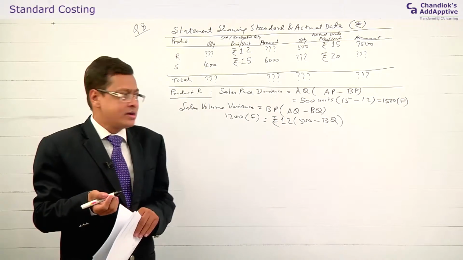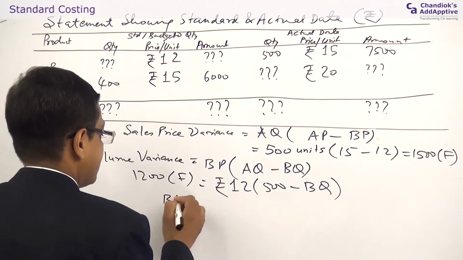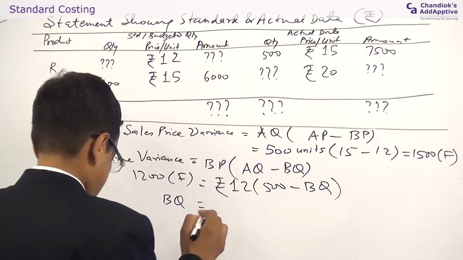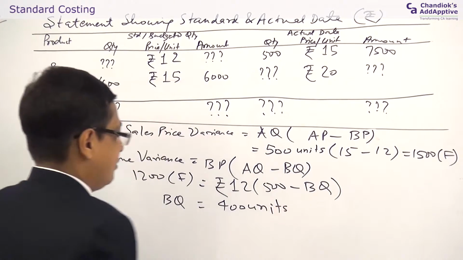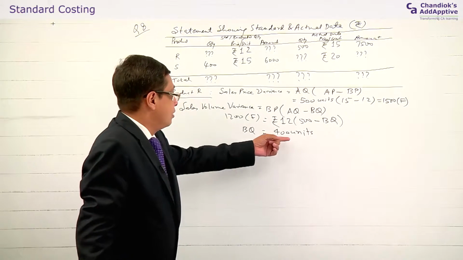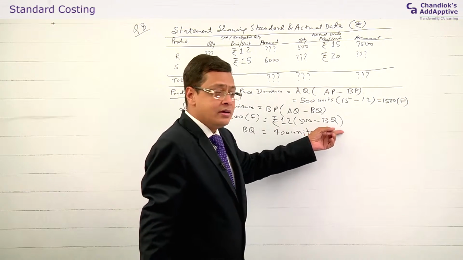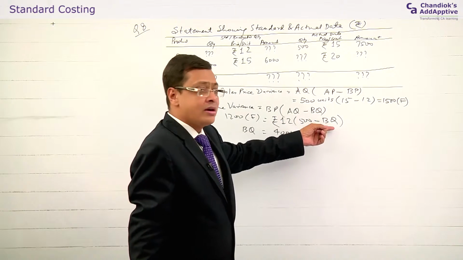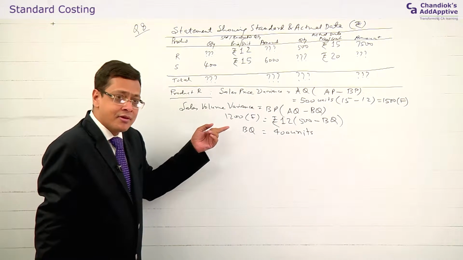So, budgeted quantity, if we solve, what do we get? The budgeted quantity on solution comes to 400 units. So, friend, please check whether the result is correct. If you put 400 here, 500 minus 400 is 100, 100 multiplied by 12, so 1200 favorable.